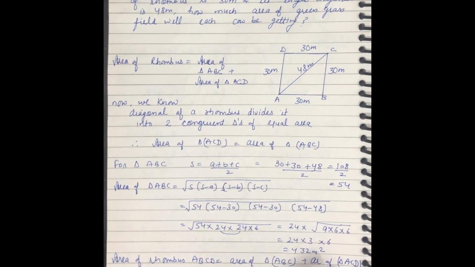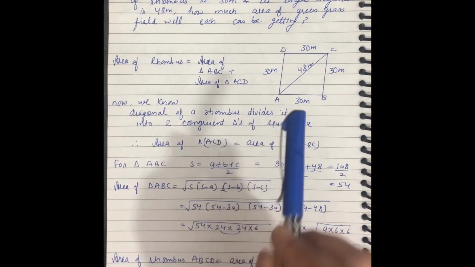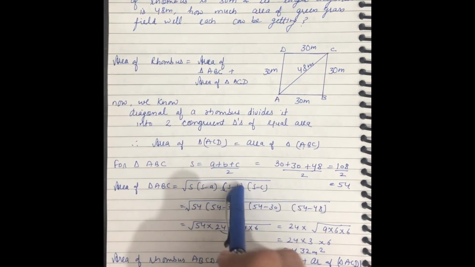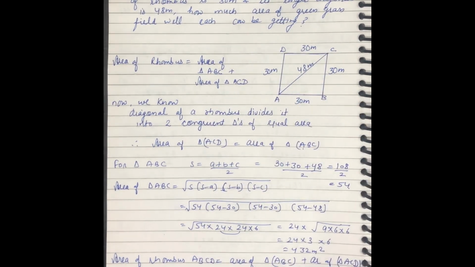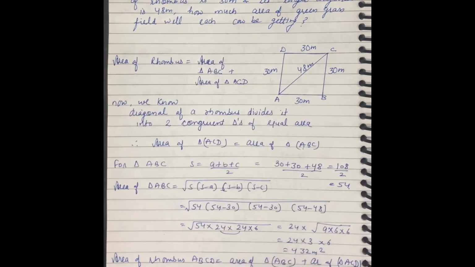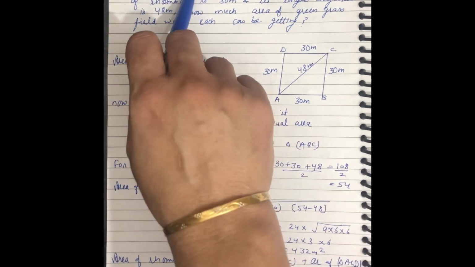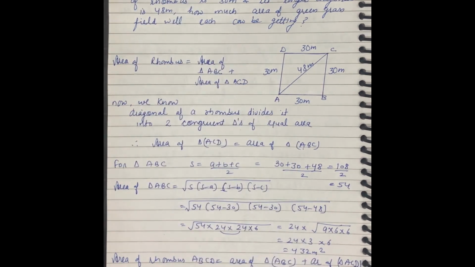Now there are 18 cows. We have to find out area for each cow to graze. Total area of this field is given as 864. Number of cows are 18. If I divide the area by number of cows, 864 by 18, then easily I can find out the area of the grass field that each cow will get.